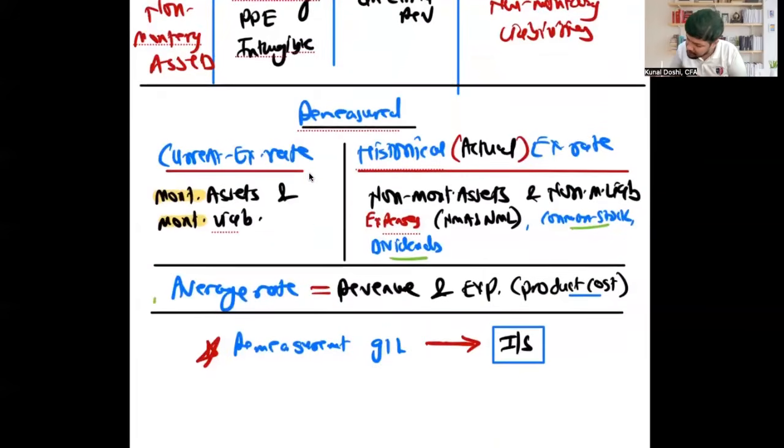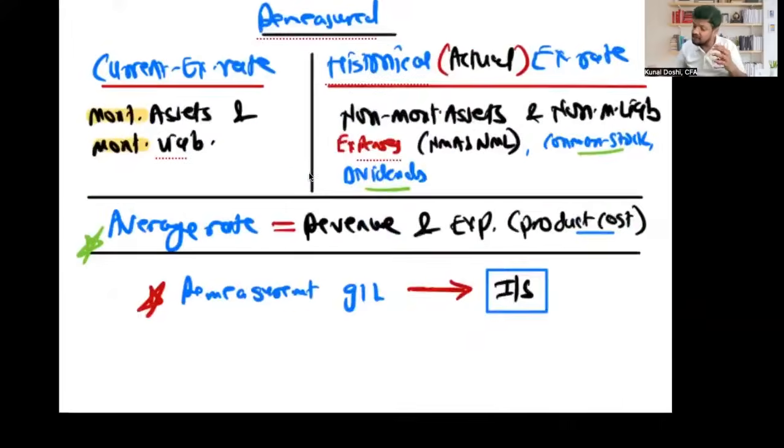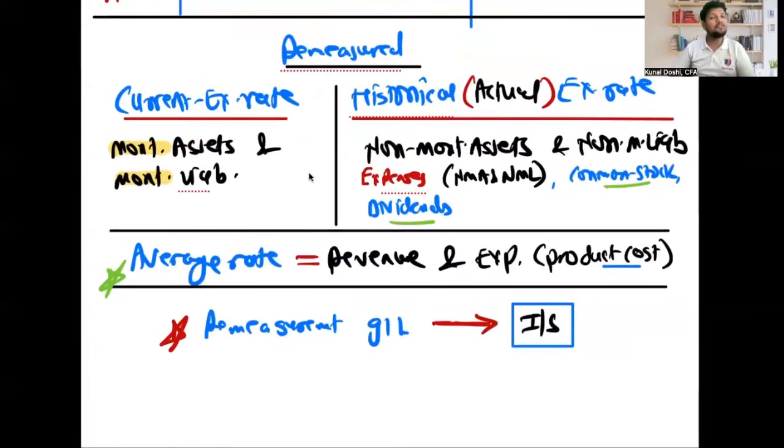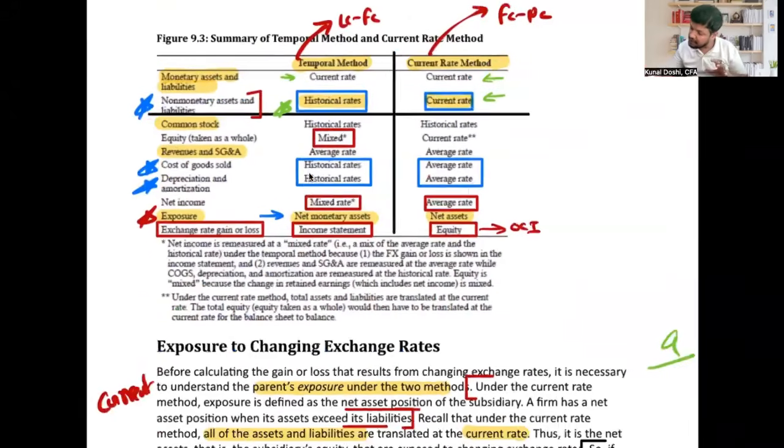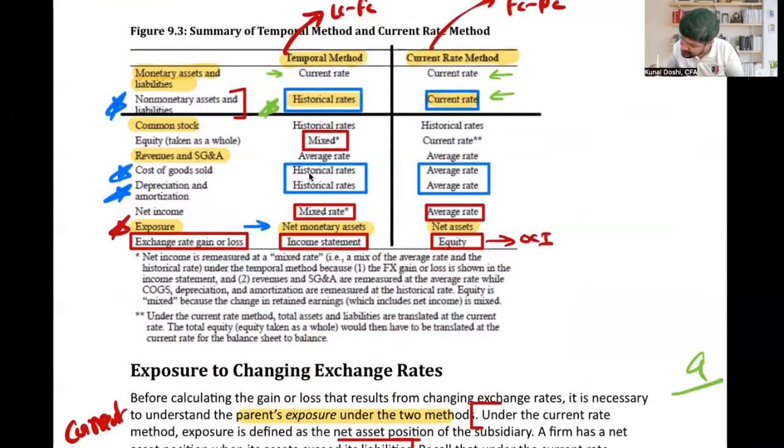However, for the income statement, especially in the temporal method, we will use the average rate for all the revenues and expenses, but not all expenses. Remember, for expenses related to product cost we use the average rate, but expenses related to non-monetary assets and liabilities use the historical rate. This is where the confusion is. So any expenses related to non-monetary assets use the historical rates under the temporal method.